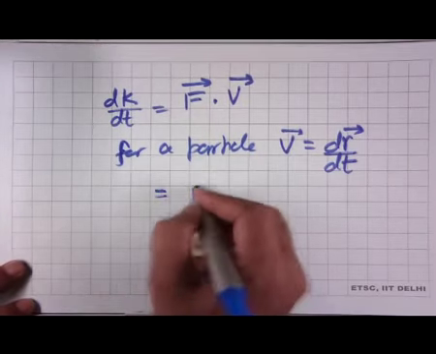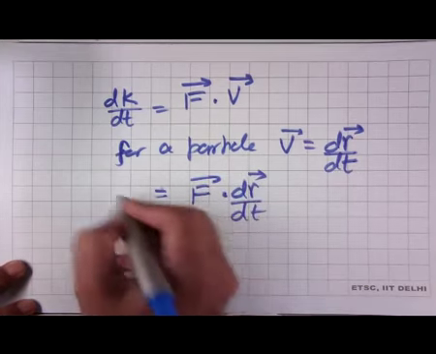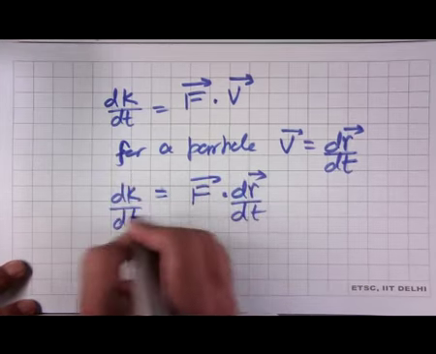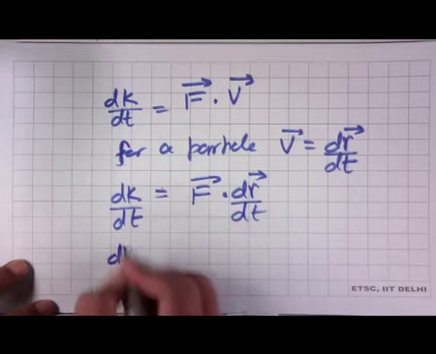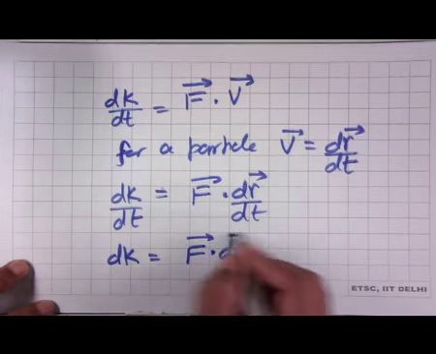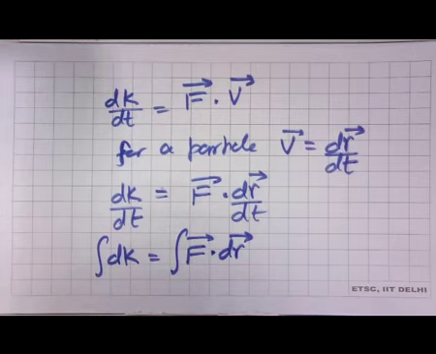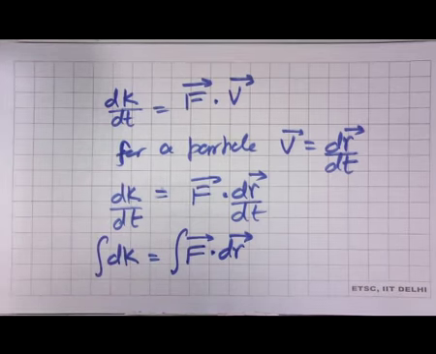So this becomes F dotted with dr by dt, and from here we get dK equal to F dotted with dr. When we integrate this, we get the same formulation for the kinetic energy even for a three dimensional case. So, this is the work kinetic energy theorem.